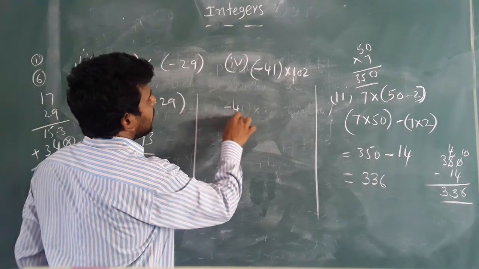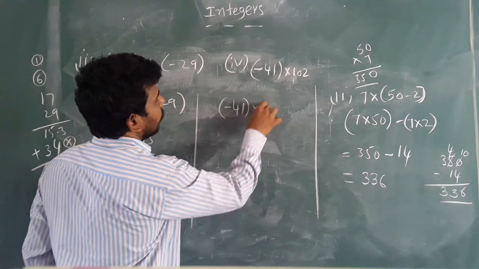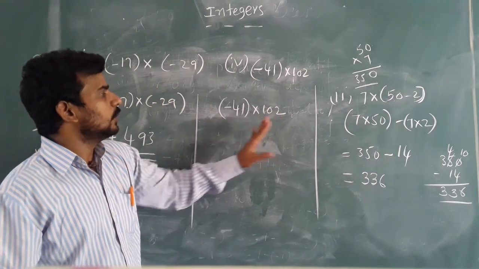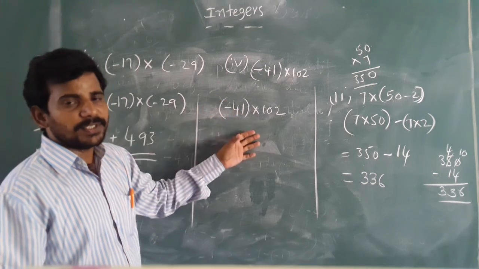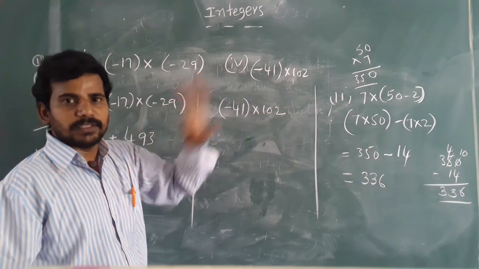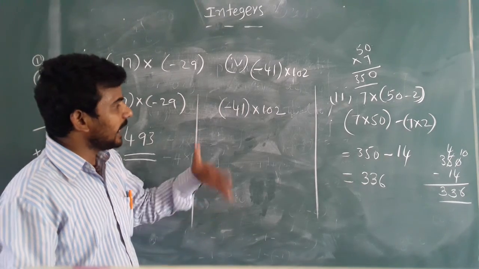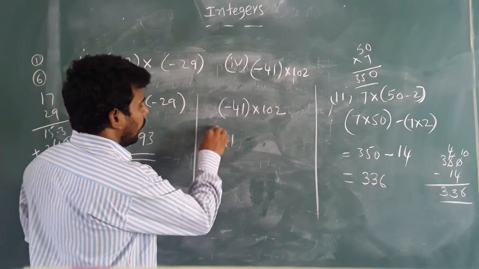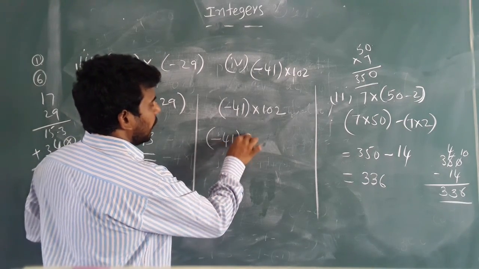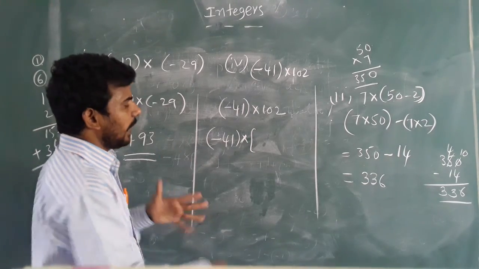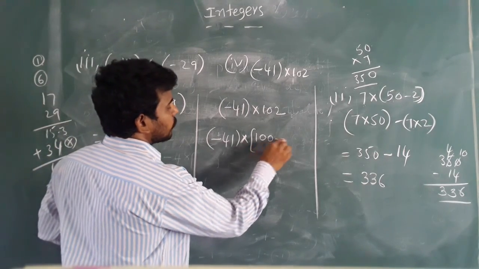Now take the fourth problem. What is this? Minus 41 into 102. In this solution, two ways. What is that? A into b equals c. That is the closure property. Next, one more property also there. What is that? Minus 41 into 102. As 102, we have to write 100 plus 2.